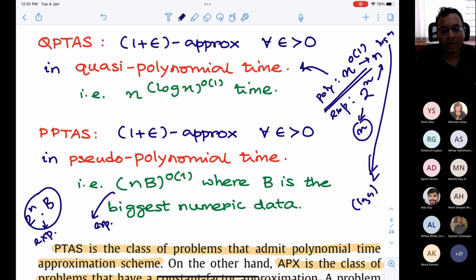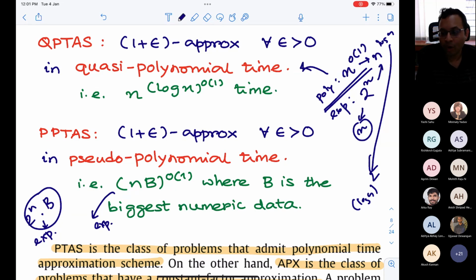It's a subclass of exponential time, but better in the sense that there could be exponential time algorithms which are exponential in terms of n as well. But for pseudo-polynomial time, it is polynomial in terms of n but exponential in terms of log B. Both are exponential, but this is slightly better because the runtime is at least polynomial in n.